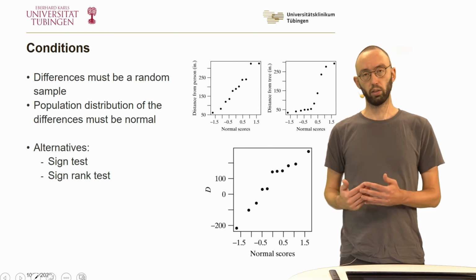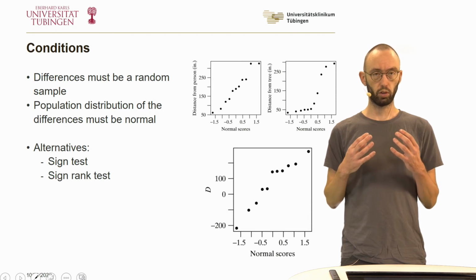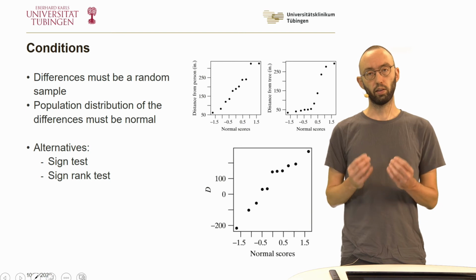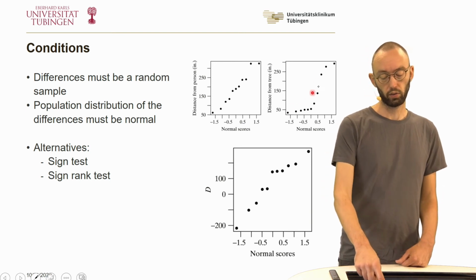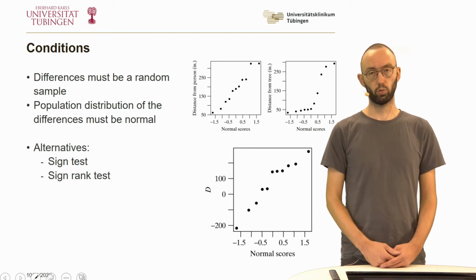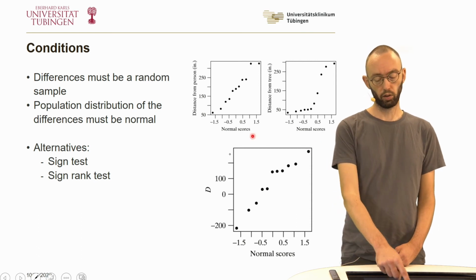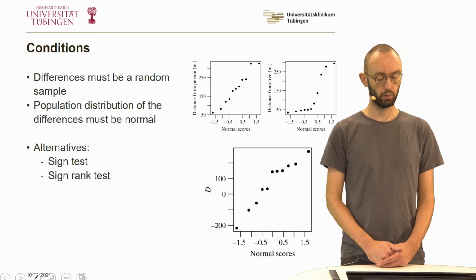But what we don't need is that the two individual distributions of sample 1 and sample 2 follow a normal distribution. In fact, in one of the cases, we find the sigmoid shape here in the QQ plot, so it clearly does not follow a normal distribution. But yet, the differences do. And this is enough for the paired t-test to be applicable.